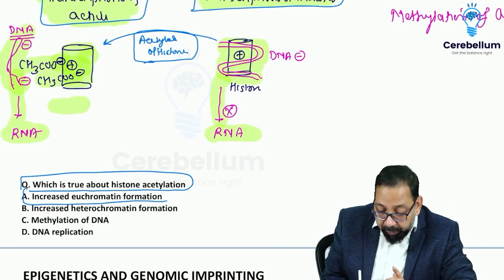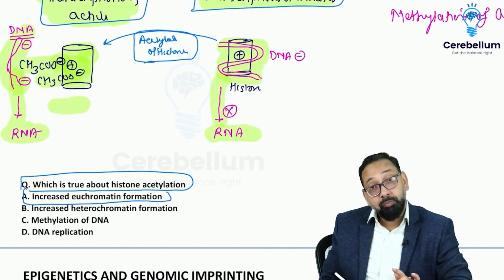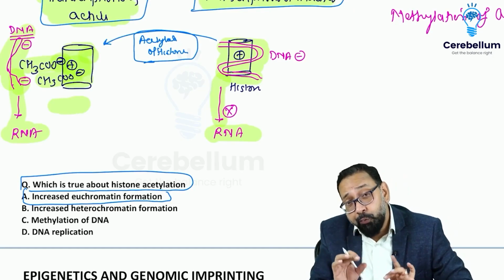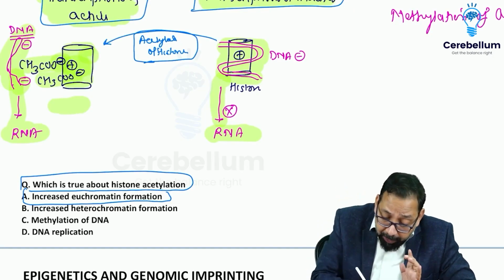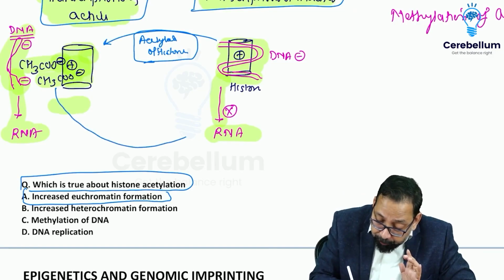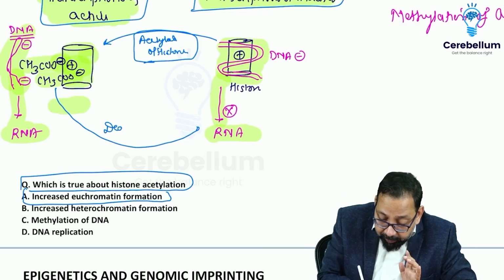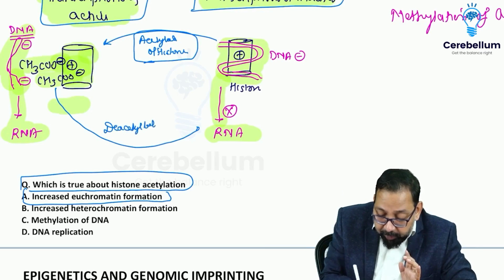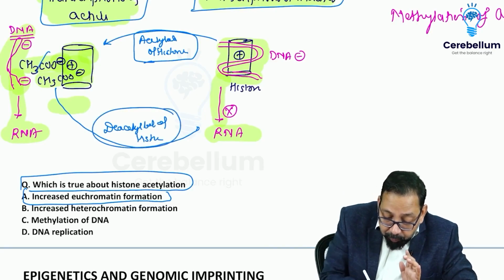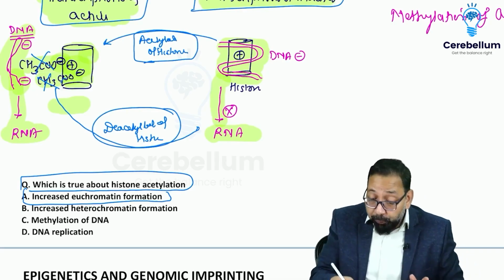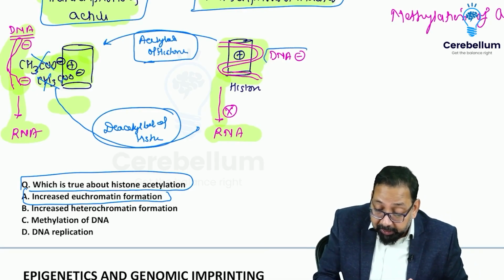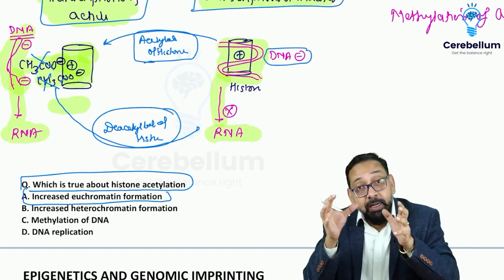Increase euchromatin formation. Now, if I want to convert it back, if I do deacetylation of histone, means if I remove these acetyl groups from histone, then again histone will have positive charge, DNA negative charge, it will tightly bind.